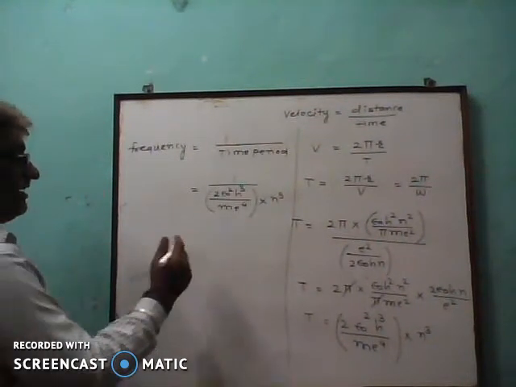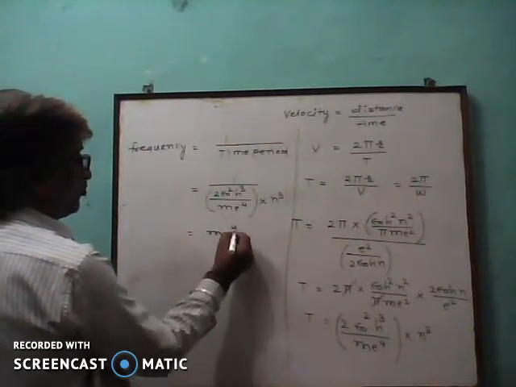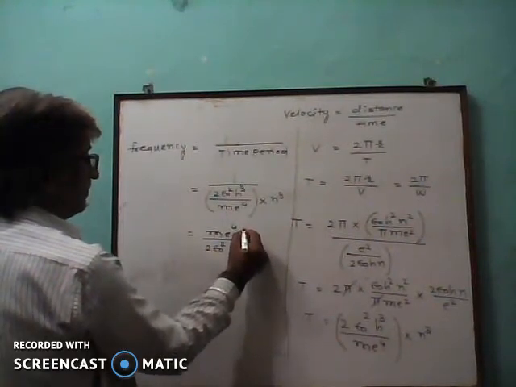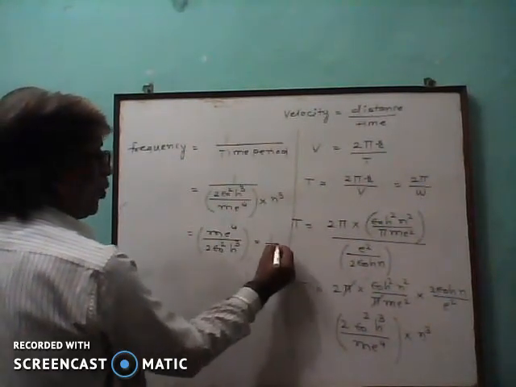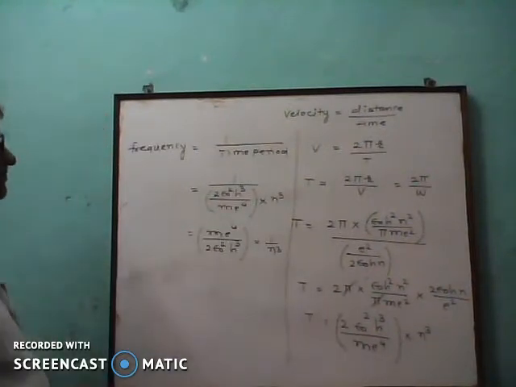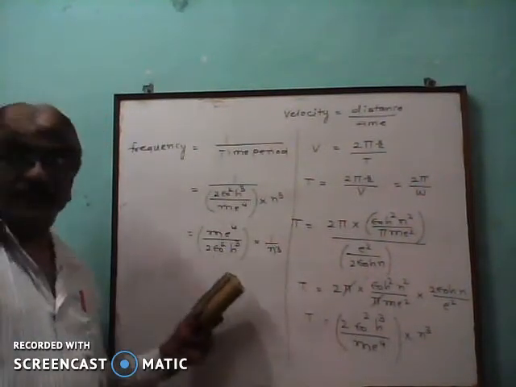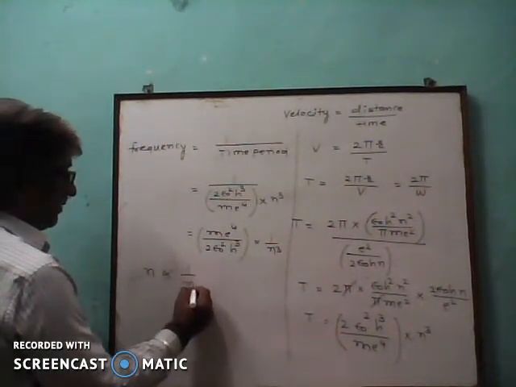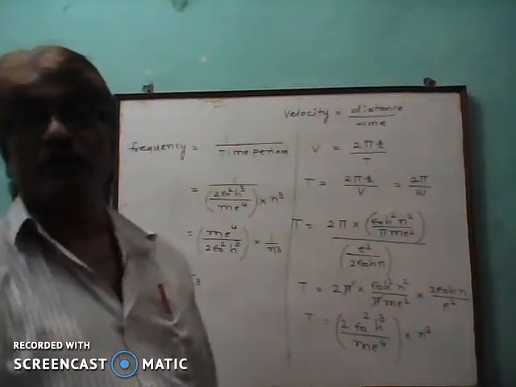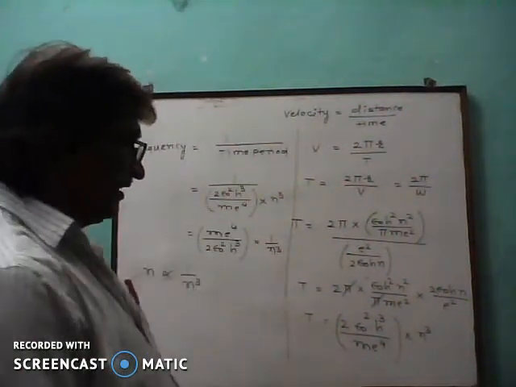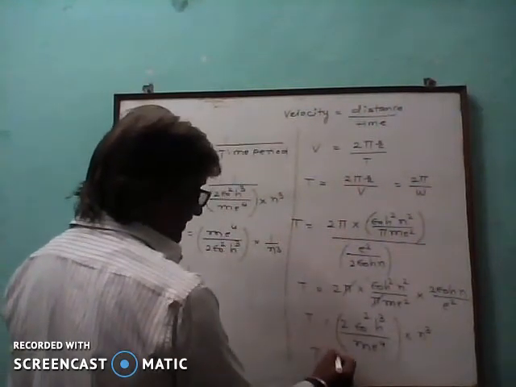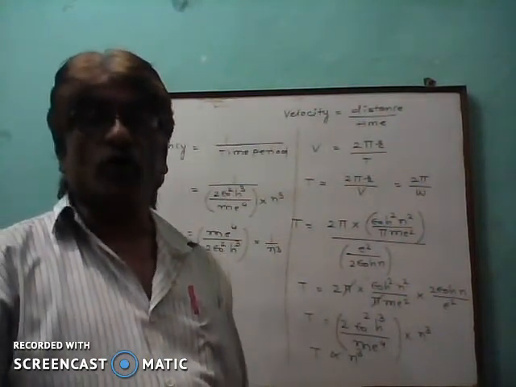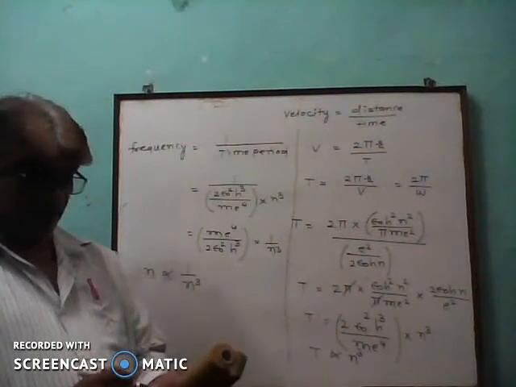If we arrange the terms, m e raised to 4 upon 2 epsilon 0 square h cube, into 1 upon n cube. If the bracket term is constant, then frequency is inversely proportional to the cube of the principal quantum number, and the time period of the electron is directly proportional to the cube of the principal quantum number.